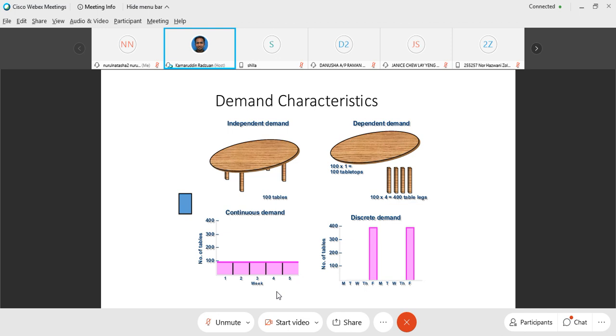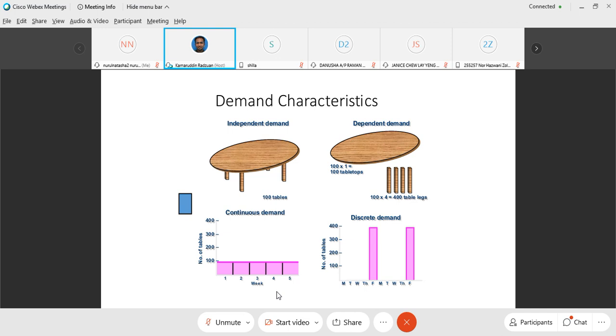Apa beza antara continuous dan discrete ni? Kalau kita tengok di situ daripada gambar aja yang diberikan, permintaan yang berterusan, maksudnya setiap masa akan wujud permintaan daripada customer, kan, untuk setiap item tersebut. Tetapi untuk sifat permintaan yang diskret, maksudnya ada masa tertentu permintaan tidak wujud bagi item ataupun komponen tertentu.